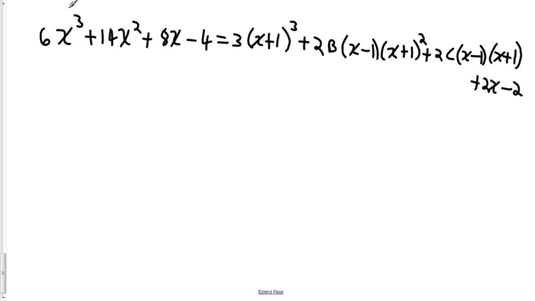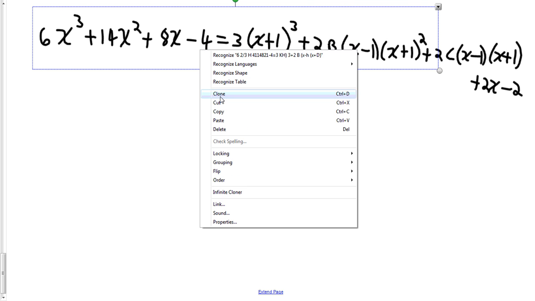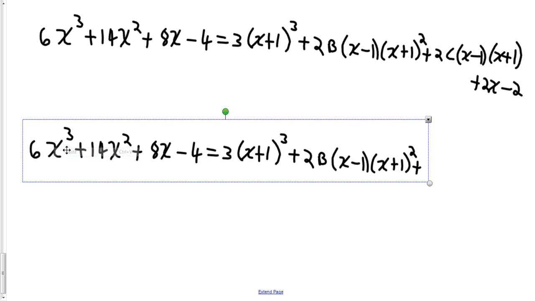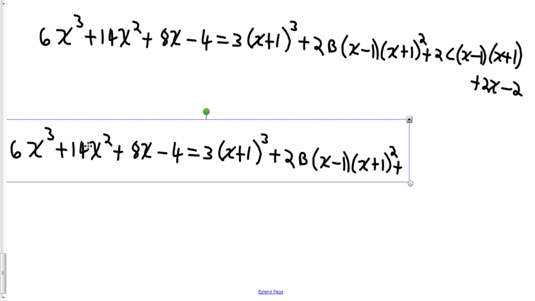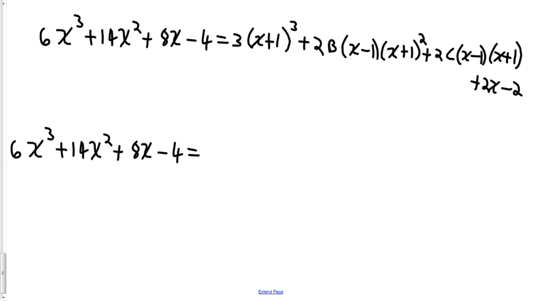All right, so I still have all of this here on the left. So let's take this and copy it. And actually, we don't need all of that. Let's erase some of that. And then on the right-hand side, we're just going to multiply it all out. So, okay.